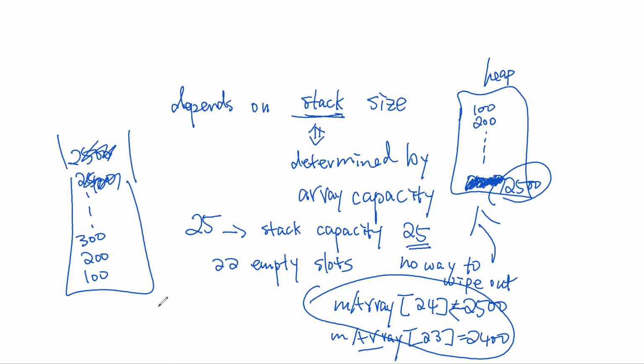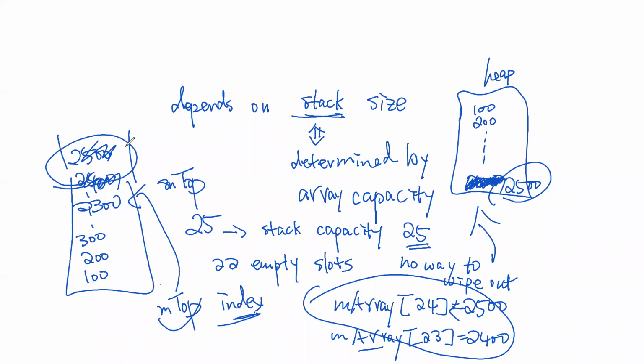But you remember we have this top index. We have the top index to mark where your top item is, because regarding your stack, this is your top index. So even though those two numbers are in the heap, they're not in your container.